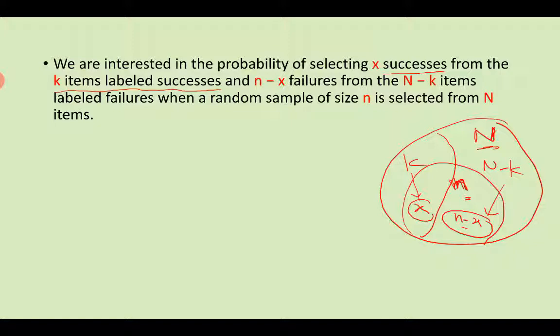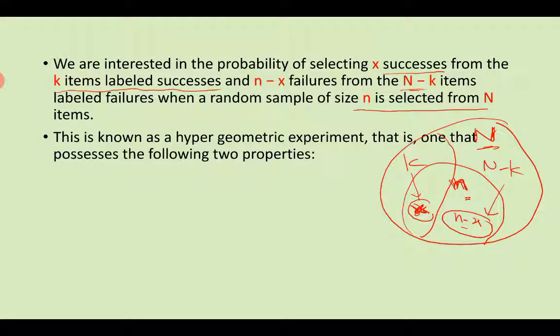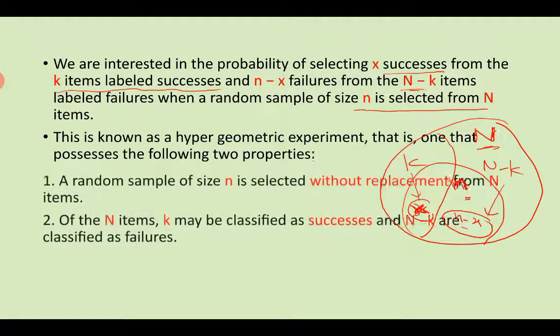This is the picture of the hypergeometric distribution. Now, what is the probability of getting some x number of successes? X number of successes, and n minus x failures from the N minus k items labeled failures, when a random sample of size n is selected from N. This is known as a hypergeometric experiment, one that possesses the following two properties.